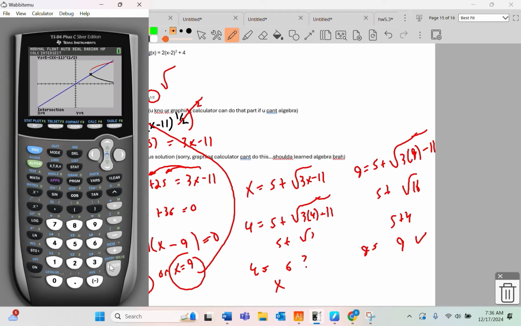Yeah, the conjugate of the funny expression will get you the extraneous solution.